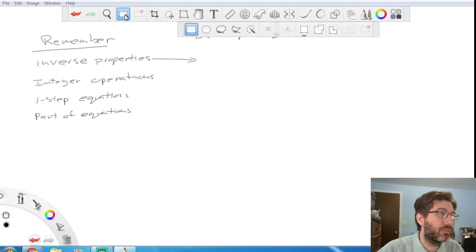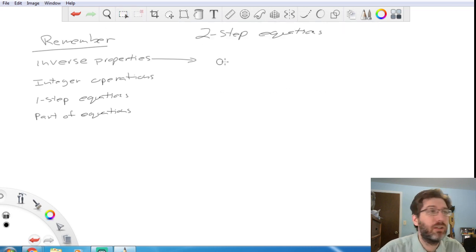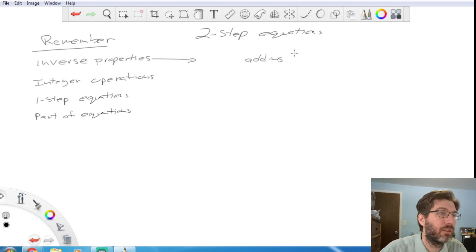Integer stuff. I gave you a while ago a flowchart to follow, but know your integer operations. Make sure when you're adding and subtracting, you keep your signs right. So we have like -4 minus 5. Make sure you know how to solve problems like that.